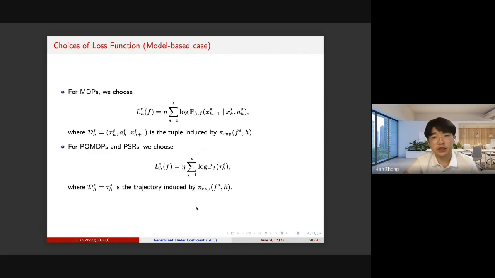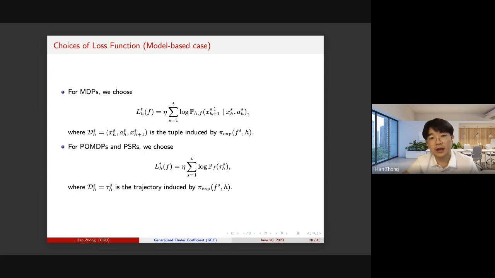For the model-based cases, the choice of the loss function is relatively simple. Basically, you just want to maximize the likelihood, so the loss function is chosen as the log probability of observing the historical data.